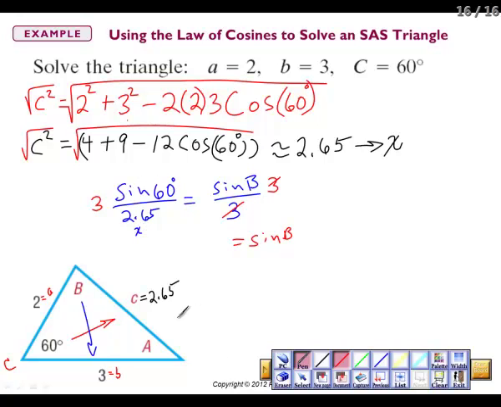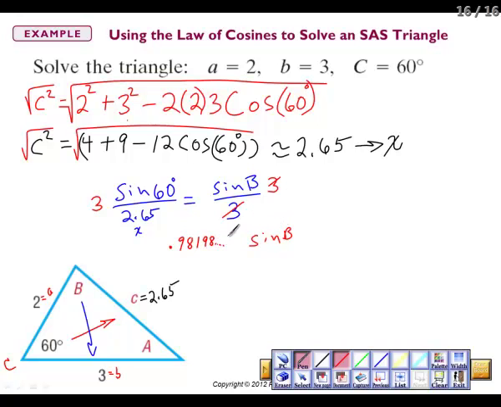So we're going to put in here 3 sine of 60 degrees, close the parentheses on that, divided by, since we stored the 2.65 into x, we'll put over x. And we get here 0.98198, and it goes on.